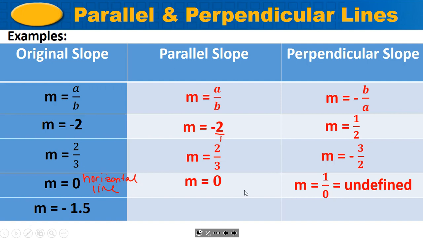So if I have one vertical and one horizontal, then obviously those would be perpendicular. When we're talking about an undefined slope, that's going to be a vertical line, right? So now with this last one, I'm going to change -1 over 1.5 to -3 over 2, because that's the way I would use the slope in a problem. And then the perpendicular slope to that is going to become positive, and it's going to become 2/3.